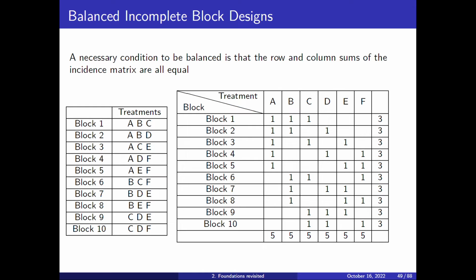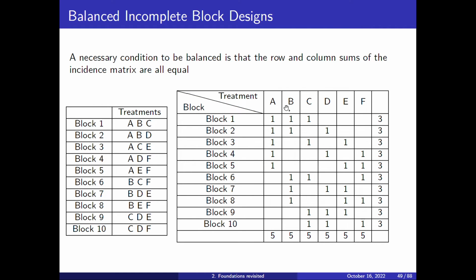And another way of designing balanced incomplete block designs is by using a necessary condition for designing these blocks. So let's say that we have this configuration of treatments within the blocks.